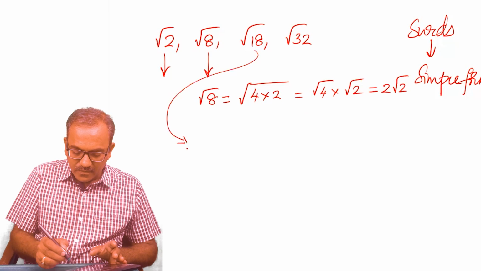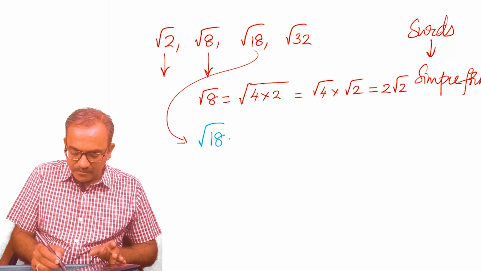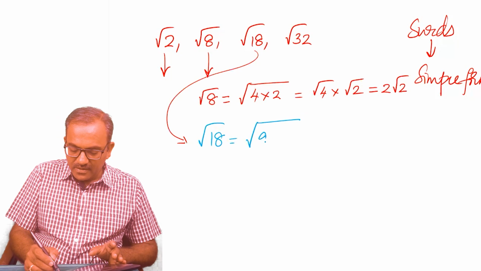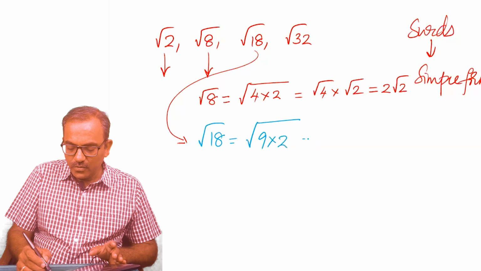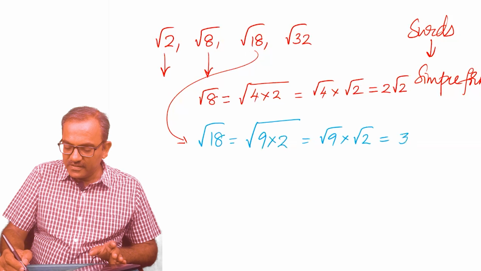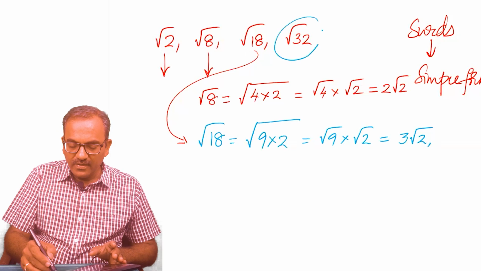Similarly, root 18 can be written as 9 into 2, root 9 into root 2. The value of root 9 is 3 and this is 3 root 2.